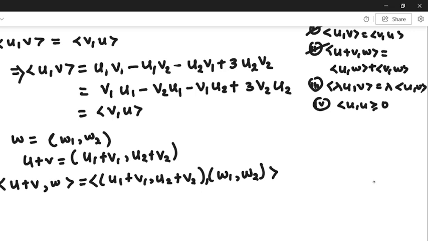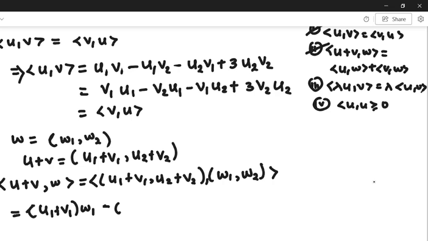But keep in mind our inner product space is defined. We have it here. So we're going to use u1 plus v1 into w1 minus, so somebody will ask what determines whether you're using u1 or u2 plus v2. You check here.